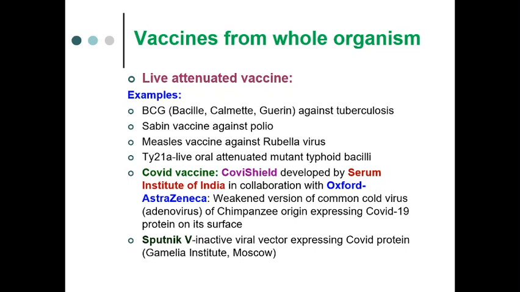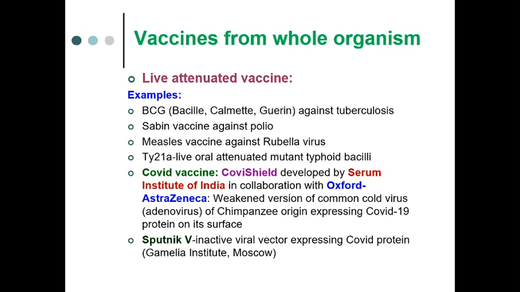Here the term itself indicates live attenuated. Live stands for living. Attenuated means the target organism, that is bacteria or the virus, has lost its virulence. It has been made to lose its virulence, that is, its disease-causing ability, by certain methods.